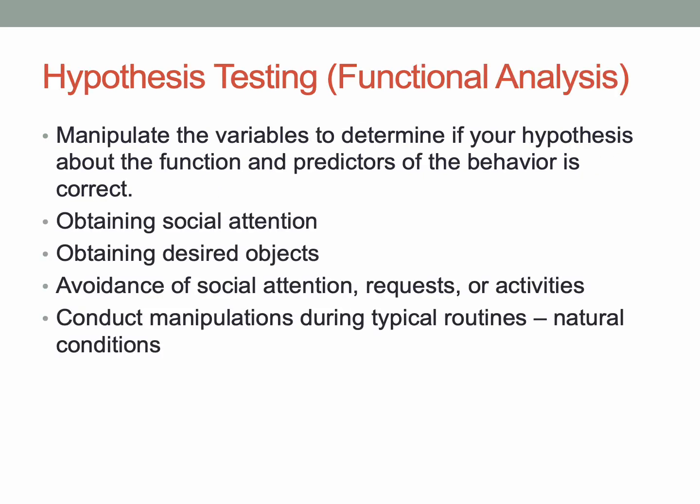Another way to test your hypothesis is to do functional analysis. So, by simply saying, you will manipulate the antecedent variable and consequence variable you identified to determine if your hypothesis about the function and predictor of the behavior is correct.